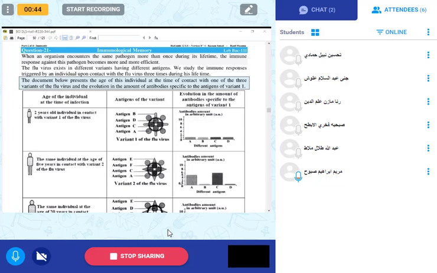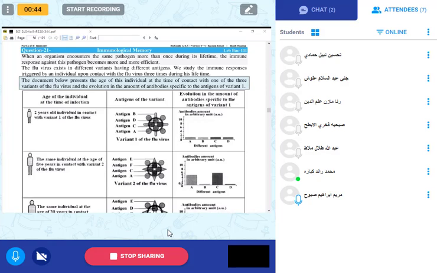We study the immune responses triggered by an individual upon contact with the flu virus 3 times during his lifetime. Okay, so the flu virus has many variants, meaning many types or forms of it. So we will study the immune response triggered by an individual upon contact with the flu virus 3 times during his lifetime.